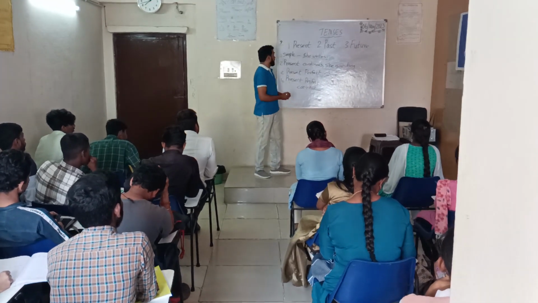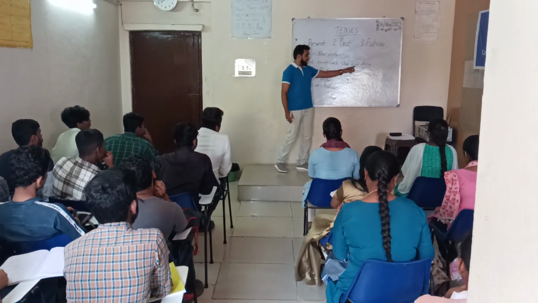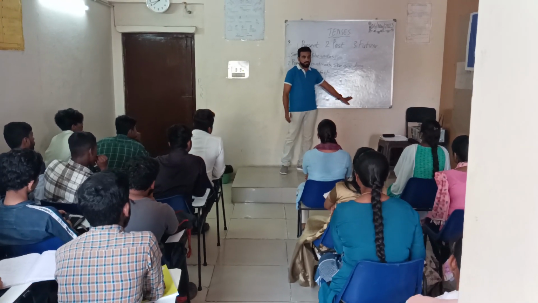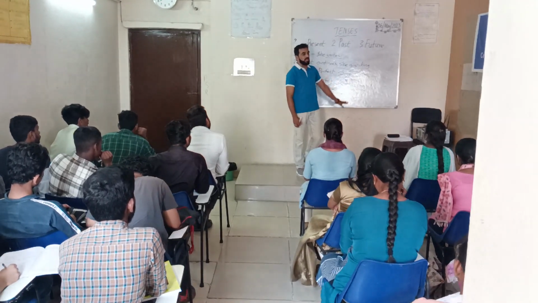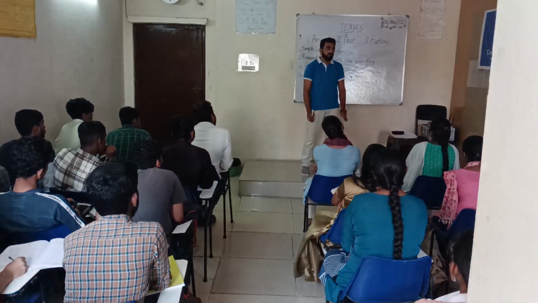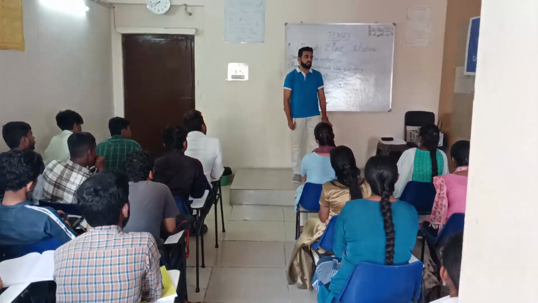So understand? She writes a letter, she is writing a letter, she has written a letter, she has been writing a letter. If you understand this correctly, it's very easy. What are the tenses to be used? You need to be very clear about what you're speaking. This makes a lot of difference.